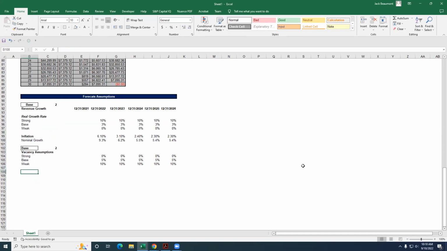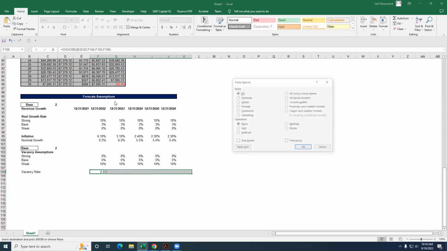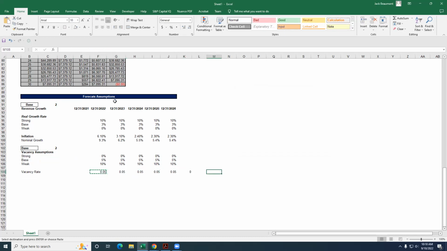Okay, so now let us put in the actual vacancy rate. It's just going to equal the CHOOSE, this, and it's going to be that. And keep doing that here.